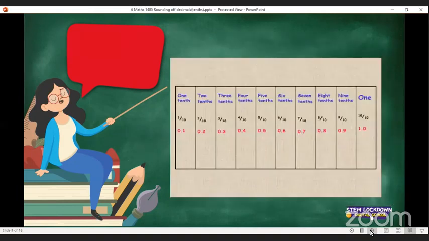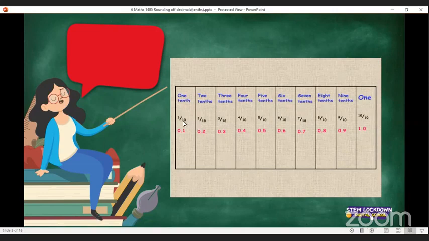Right here on this table, we have 1/10, 2/10, 3/10, 4/10, 5/10, 6/10, 7/10, 8/10, 9/10, and we have 1. Remember, we said anything that is after the point is less than 1.